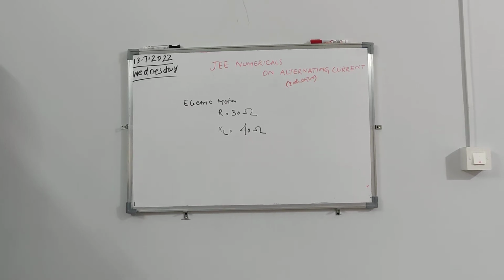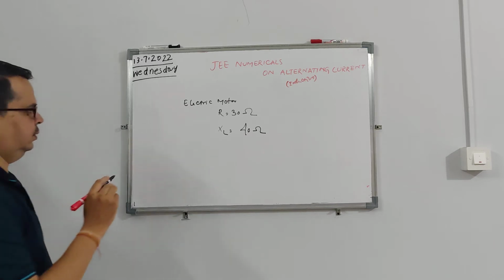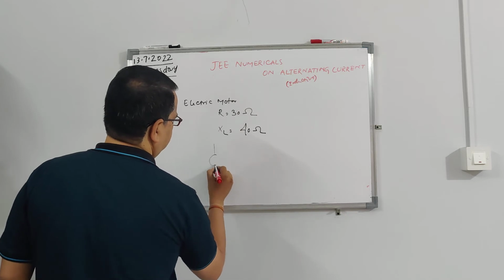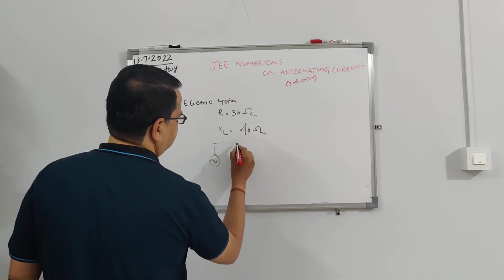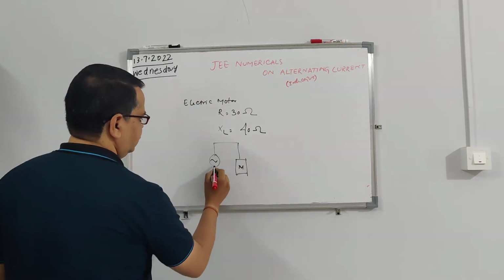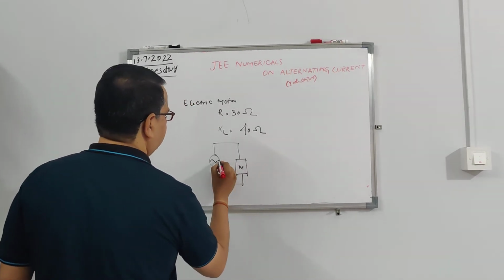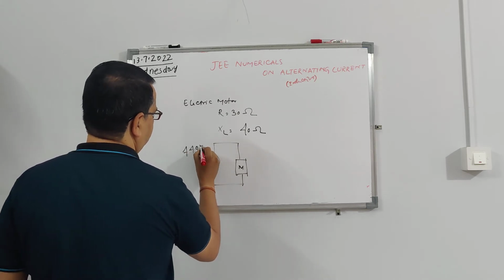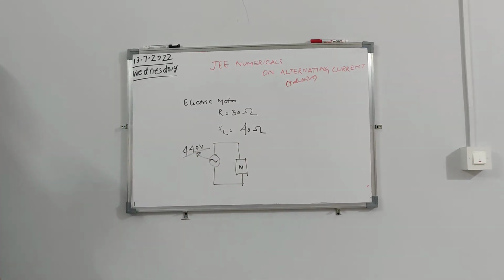If the motor is powered by a source with maximum voltage of 420 volt. Let us say this is my voltage and this is my motor. So this supply voltage is 440 volt. These are the things we know.